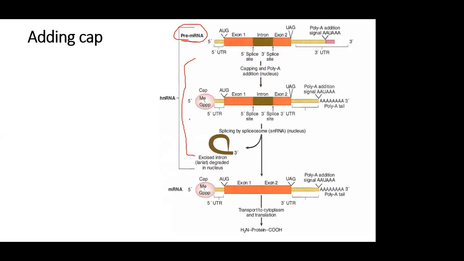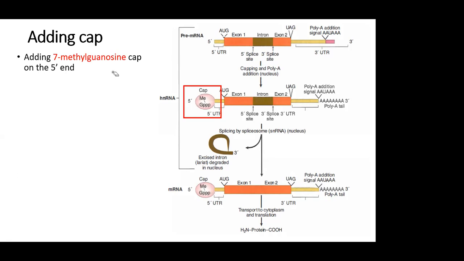The first one we will call adding a cap. What is the cap? This is the cap, you can see it. For pre-messenger RNA, the first process is adding a cap. It's called a 7-methyl guanosine cap at the 5' end.